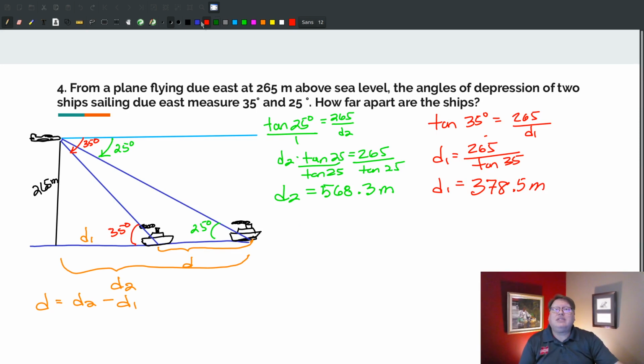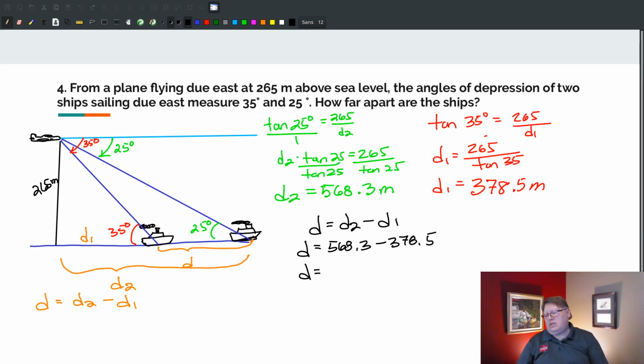So now all we have to do is subtract these two. Now the distance between the ships, which we'll call D, is just D2 minus D1. So my distance D is equal to 568.3 minus 378.5, and that is going to be in meters. But now we just calculate.